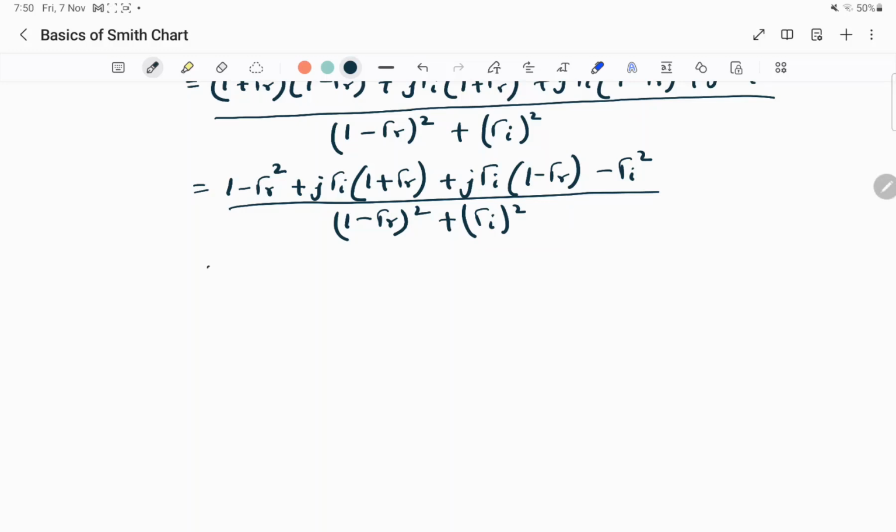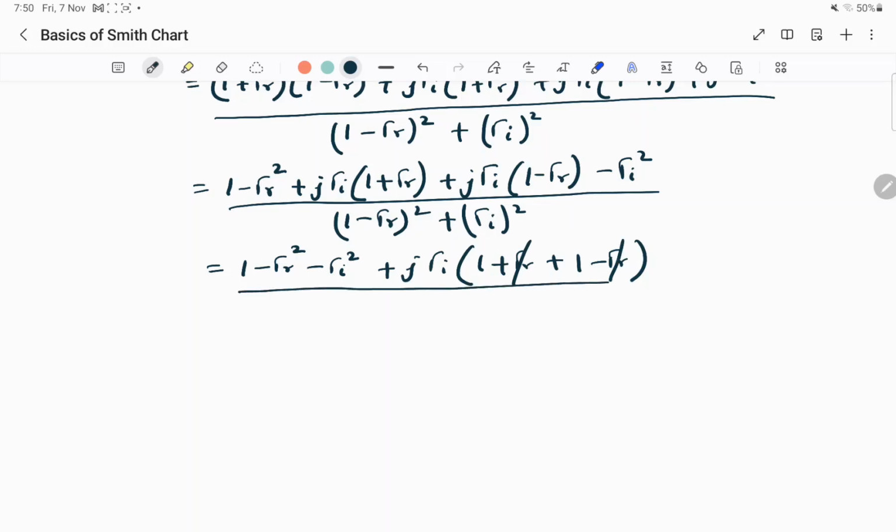Alright, now let us separate the real and imaginary parts. So we will get 1 minus Γr squared minus ΓI squared plus j times ΓI multiplied by (1 + Γr + 1 − Γr). So this plus Γr and minus Γr cancels out. In the denominator we are still left with (1 − Γr) whole squared plus ΓI whole squared.